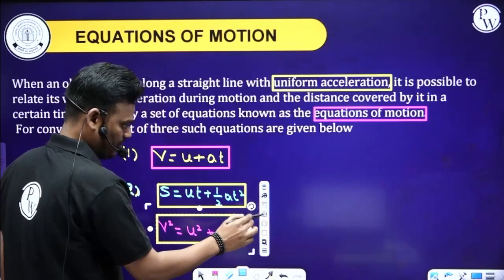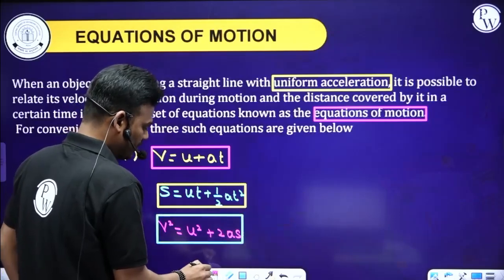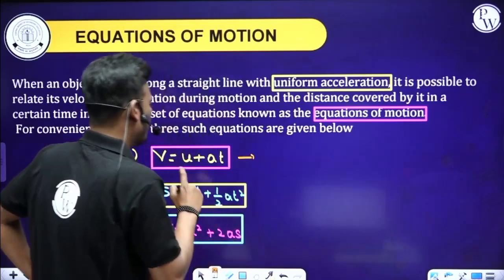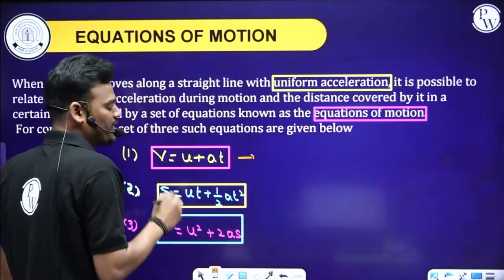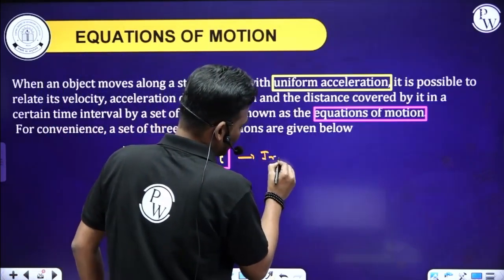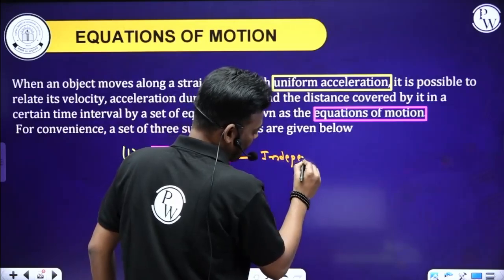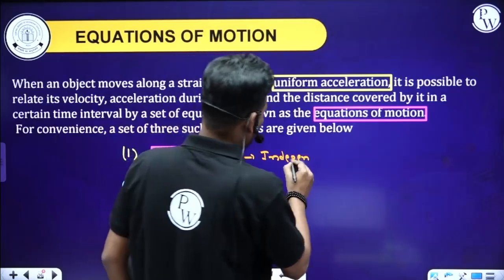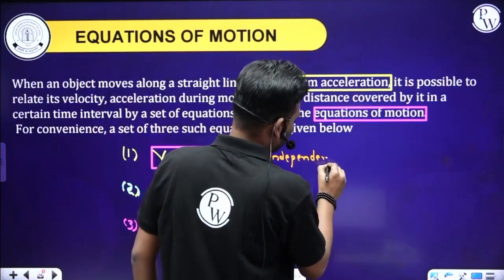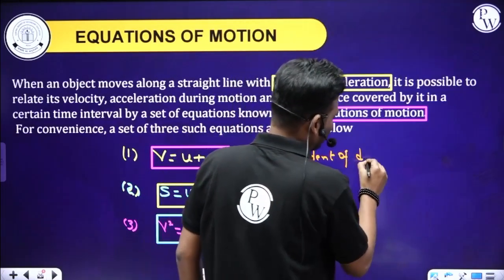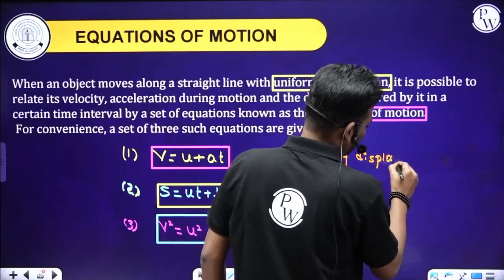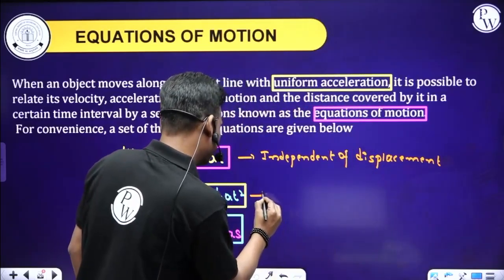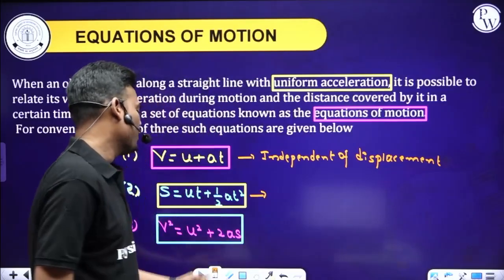Now, when do we use these equations of motion? Whenever you do not have displacement in the question, if you don't see displacement, then you can go ahead with the first equation, independent of displacement. In the second one, you cannot see V, right?